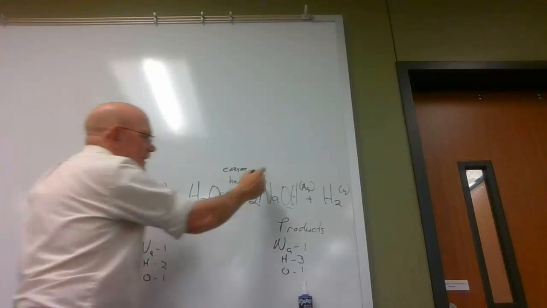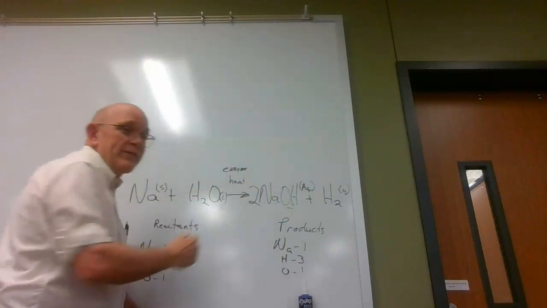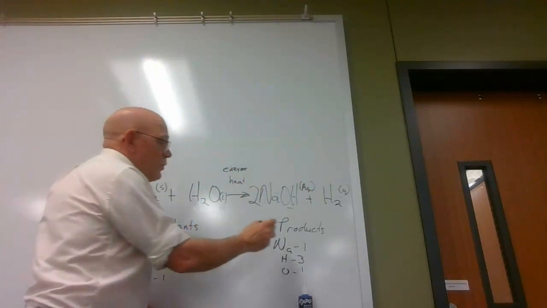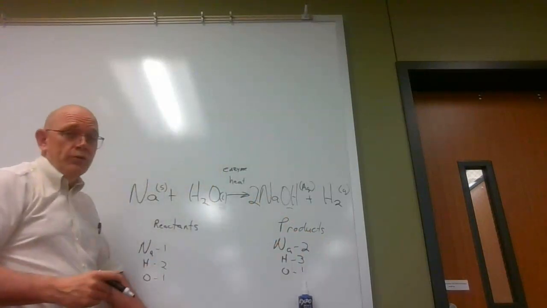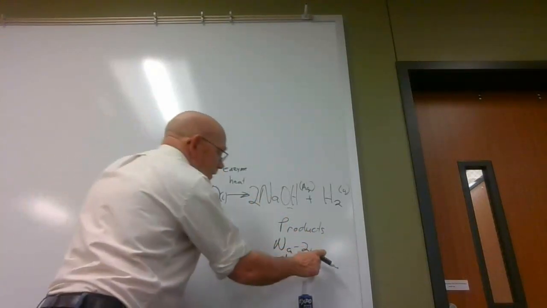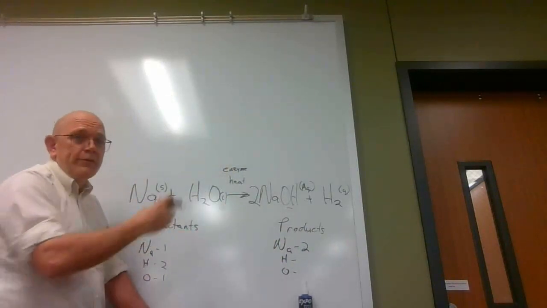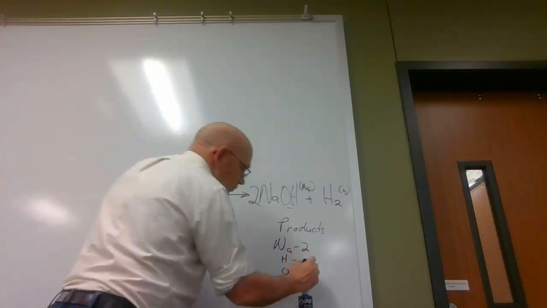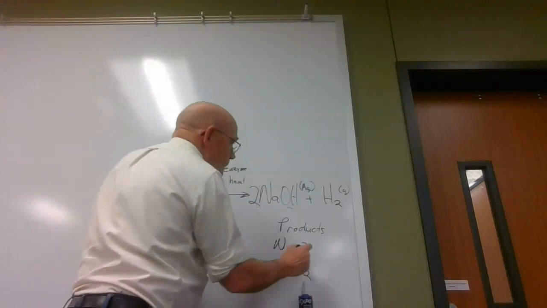Now this is kind of like in math. If we had parentheses around this compound, that means 2 times everything in it. You have 1 sodium, but now you have 2 times that sodium, so that gives you 2 sodiums. Now that means 2 times the oxygen. There's only 1 oxygen there, so 1 times 2 is 2, and 2 times 1 hydrogen gives you 2.